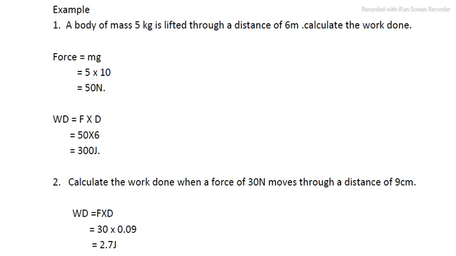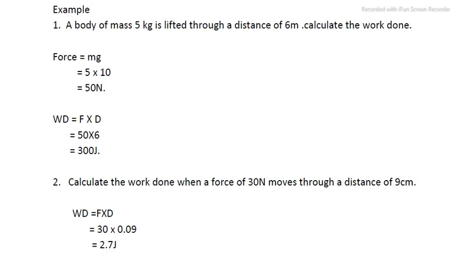Therefore, for us to find the work done, we must first find the force and also get the distance. But in the question, we are given the mass of the body. So using the mass of the body, we can find the force.